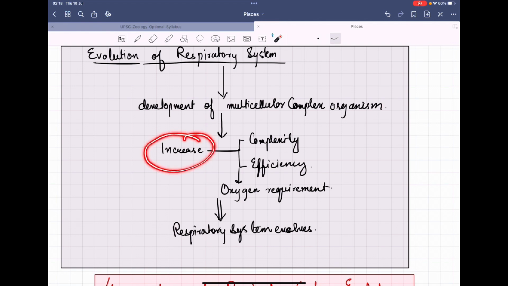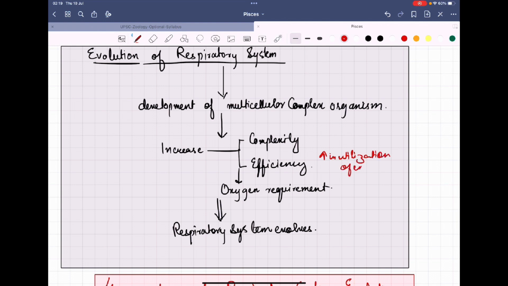There was an increase in complexity, increase in efficiency, as well as oxygen requirement, because there was an increase in utilization of energy, and you know that the energy is basically ATP, and these ATPs are generated using oxygen.